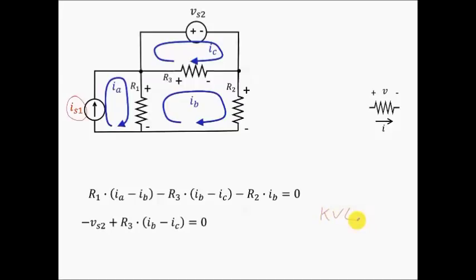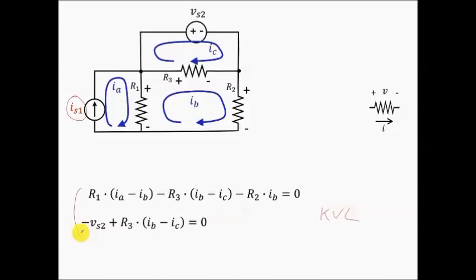I can go around the mesh and write down the sum of all the voltage drops and voltage gains as a function of the voltage sources and the mesh currents through the resistors. That's what I have done here, so I have these expressions for mesh B and mesh C.